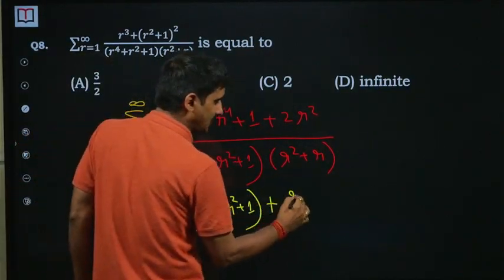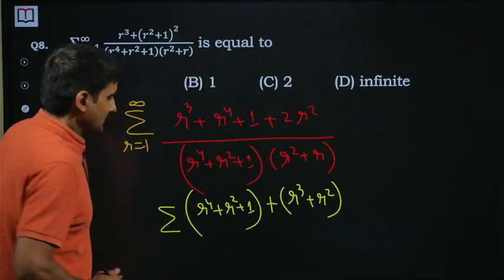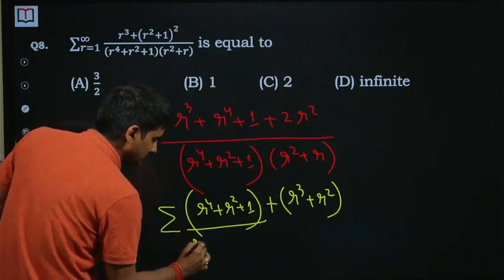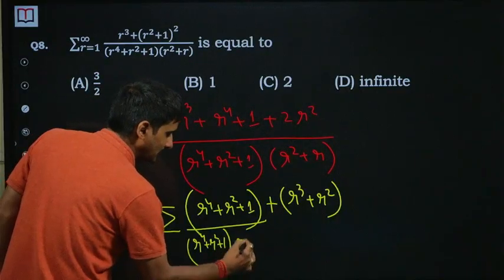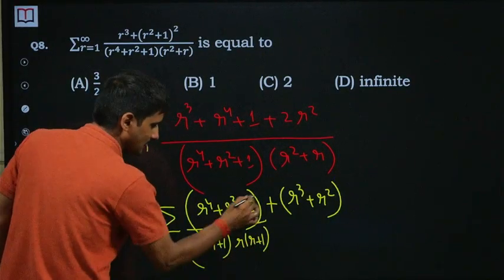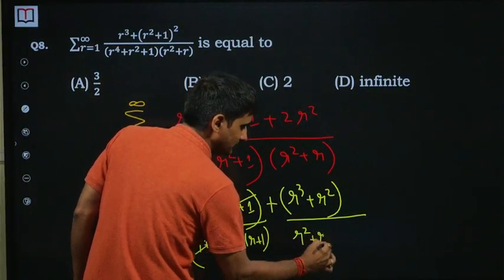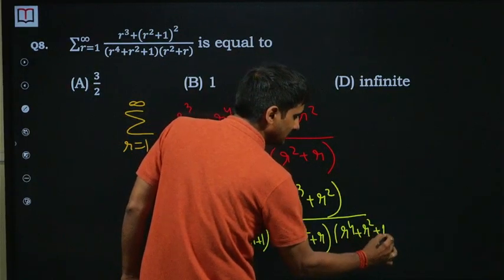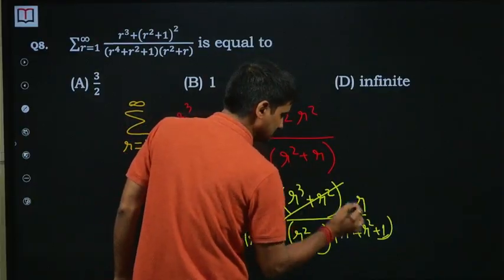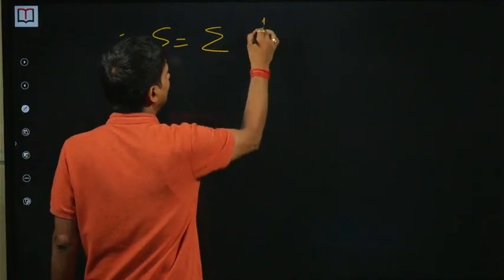We are left with r^3 plus r^2, and that gave the idea. How? Because when you divide it by the denominator, you are left with r here. That's it.